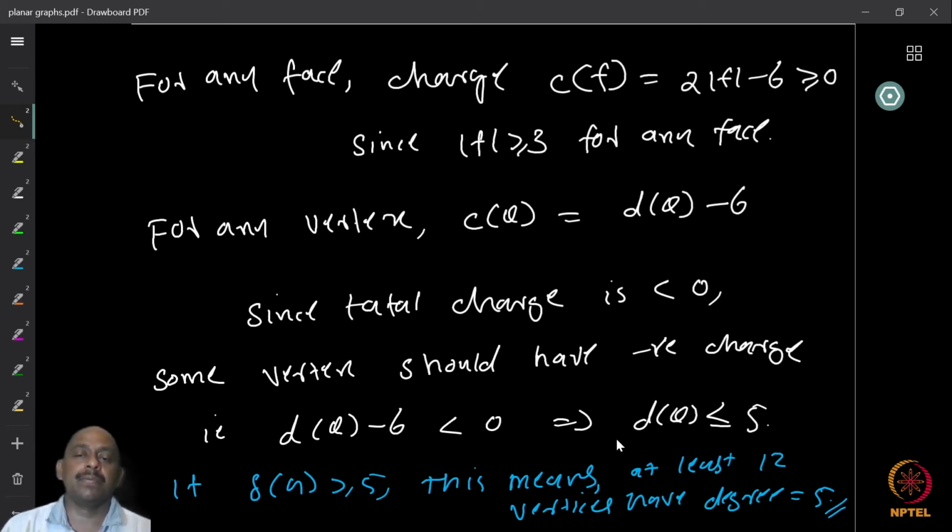Because if you look at a planar graph where the minimum degree is 5, then since the total is minus 12, each vertex can only give minus 1 to the sum. So therefore, any planar graph with minimum degree 5 should have 12 or more vertices of degree equal to 5.